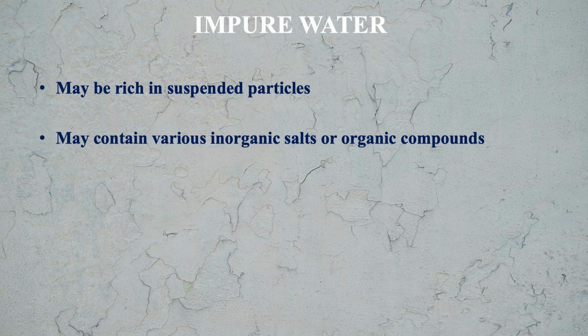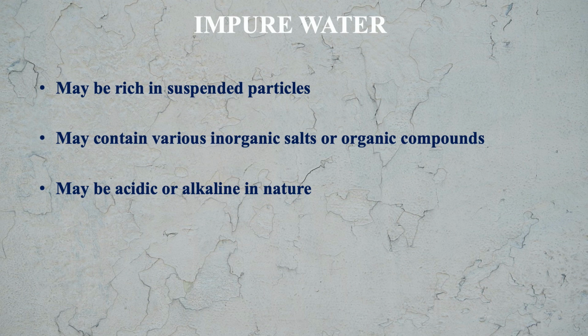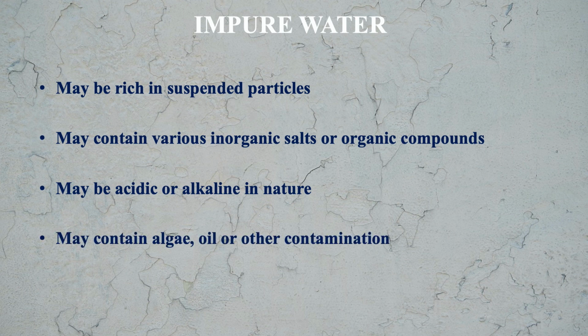It may contain various inorganic salts or organic compounds, and because of the presence of these inorganic salts and organic compounds, this impure water may be acidic or alkaline in nature. Also, impure water may contain algae, oil and other contaminations.